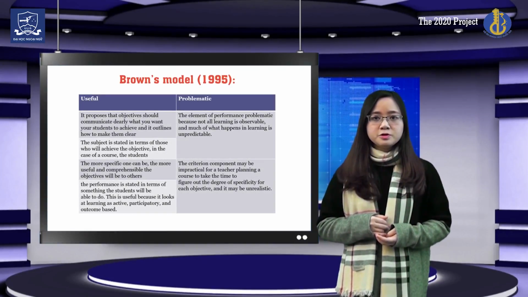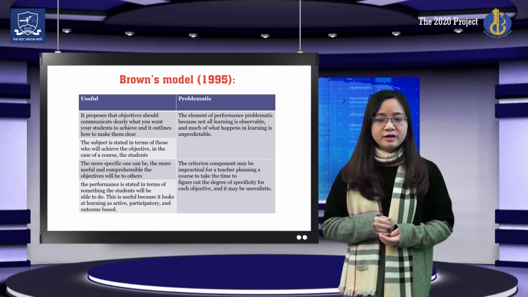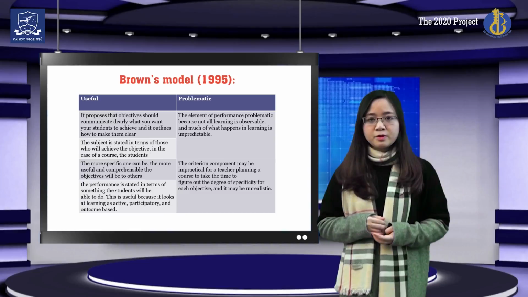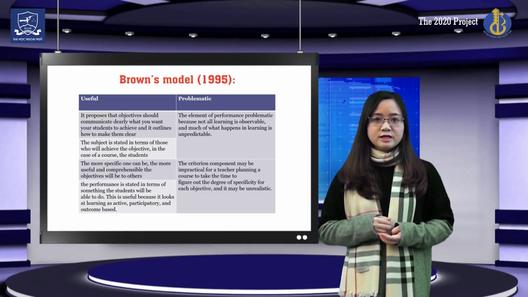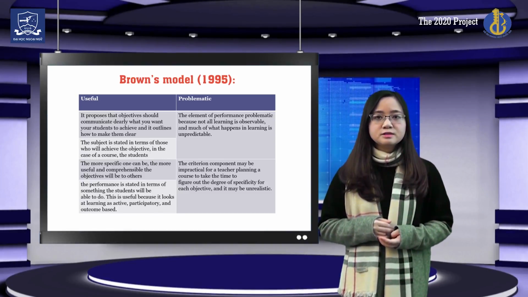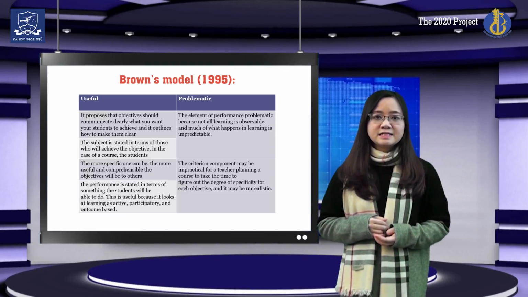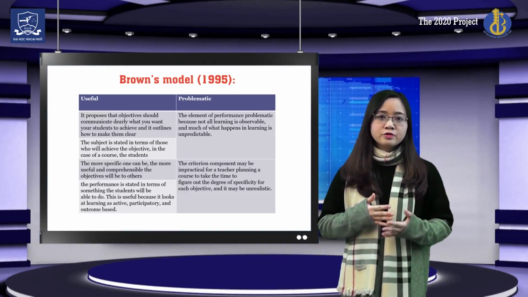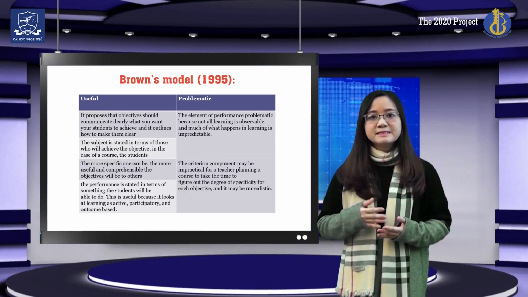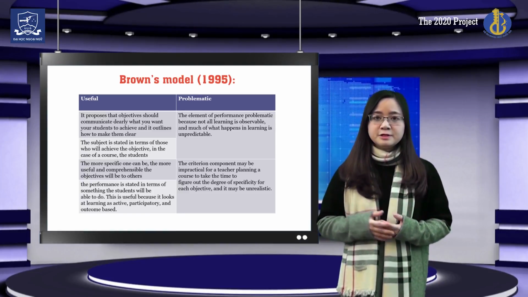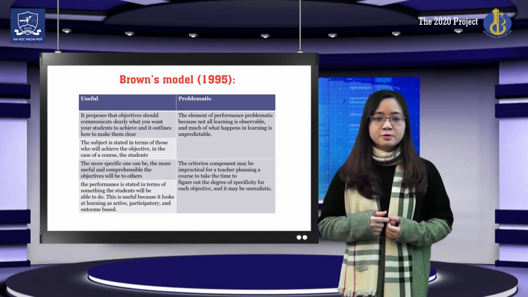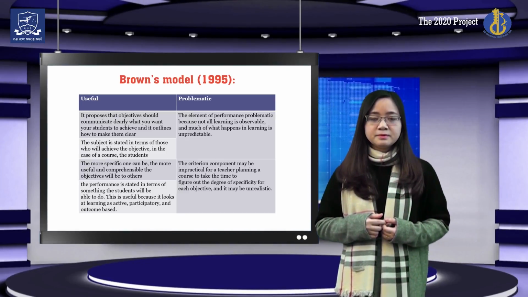The above approach to objectives is both useful and problematic. I find it useful for a number of reasons. First, it proposes that objectives should communicate clearly what you want your students to achieve, and it outlines how to make them clear. Second, the subject is stated in terms of those who will achieve the objective, and in the case of the course, that is the students.